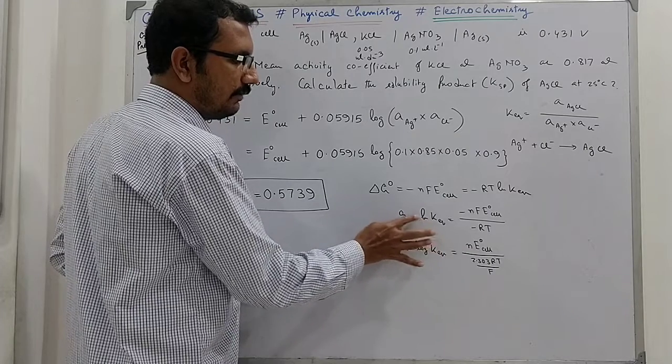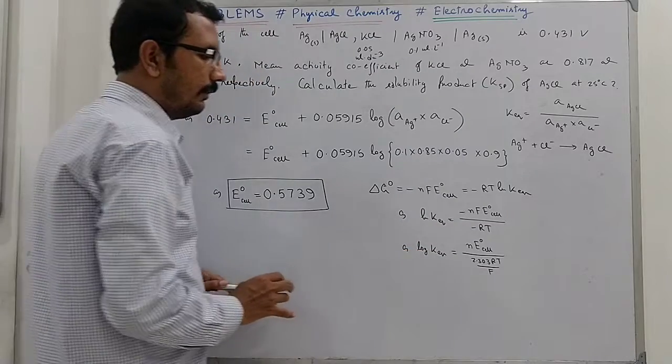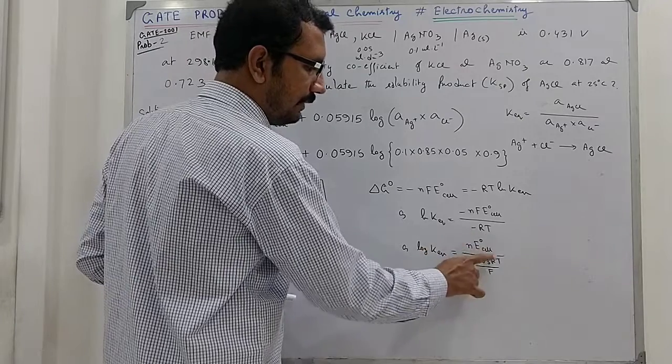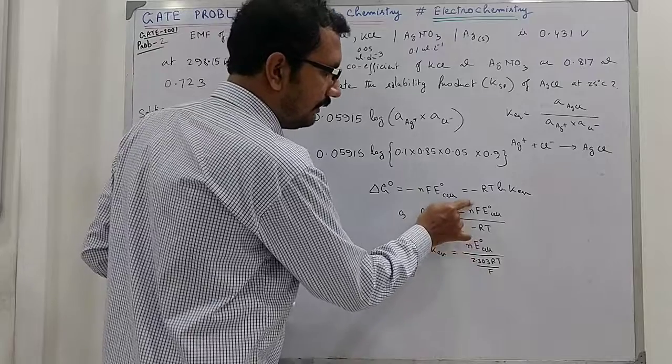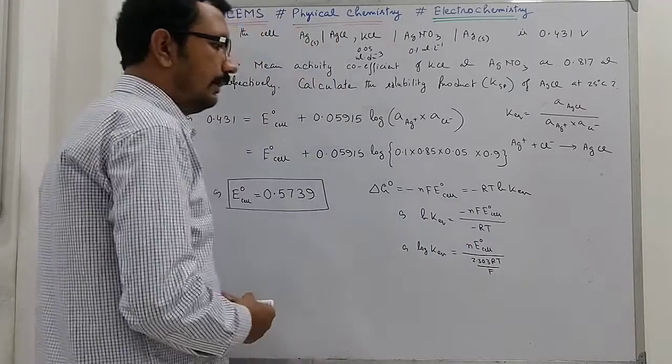So ln equals 2.303 log 10. It will come to the denominator, and it will be n E0 cell by 2.303 RT, and we take this Faraday to the denominator.